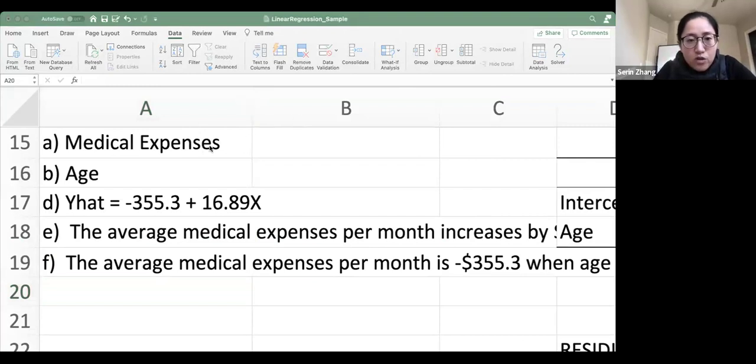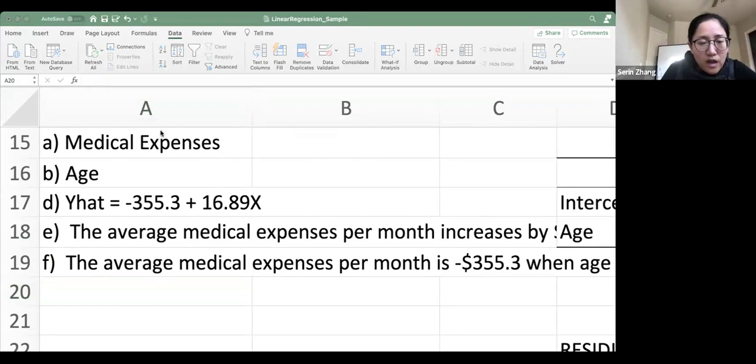So part G, interpret the R square in context and put it in cell 21A21. R square is the coefficient of determination, the percentage of the Y values that can be explained by the model.